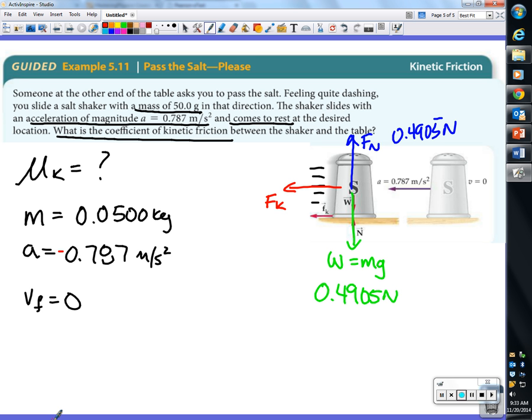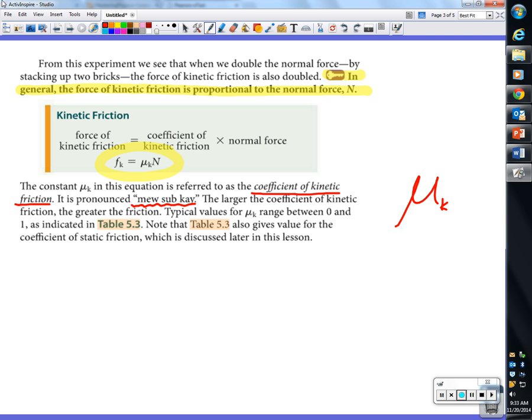Going back to the equation at the top of the page, here's the equation that relates the force of friction, the coefficient of friction, and the normal force. If we're trying to find the coefficient of friction, what are we going to have to figure out?